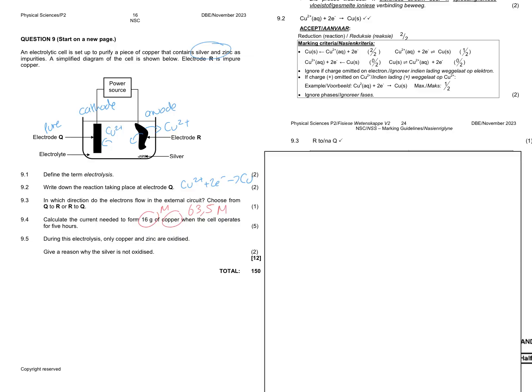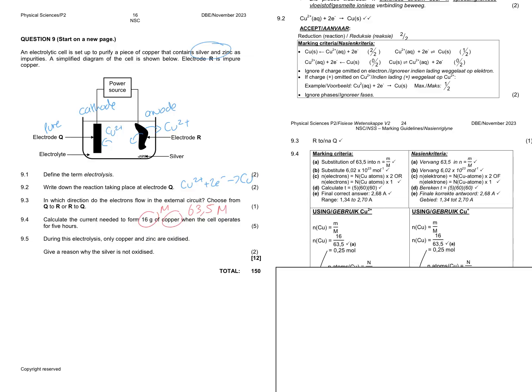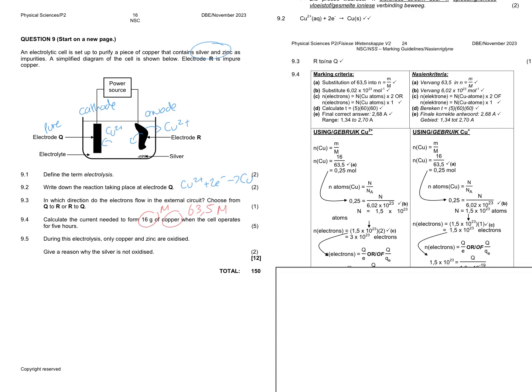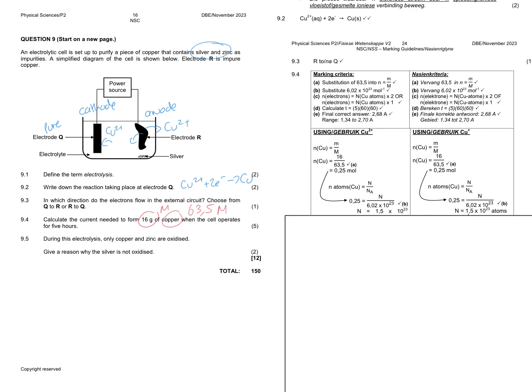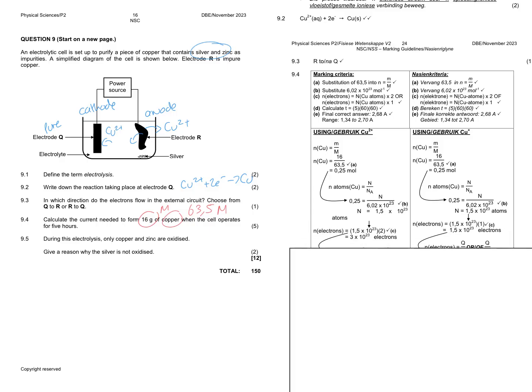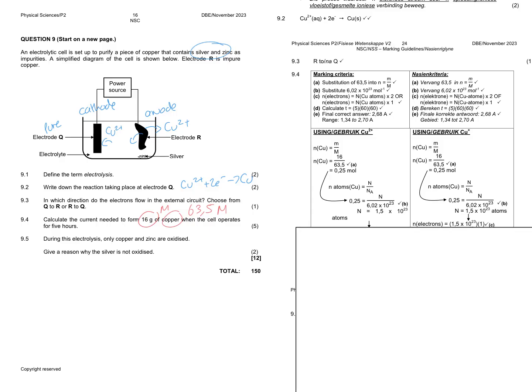As with all stoichiometry, you work out the number of moles. So we need to make 0.25 moles of copper, which is 16 grams of copper. And the number of atoms, we use this formula, which we probably last used in grade 10. It's 1.5 times 10 to the 23 atoms of copper.